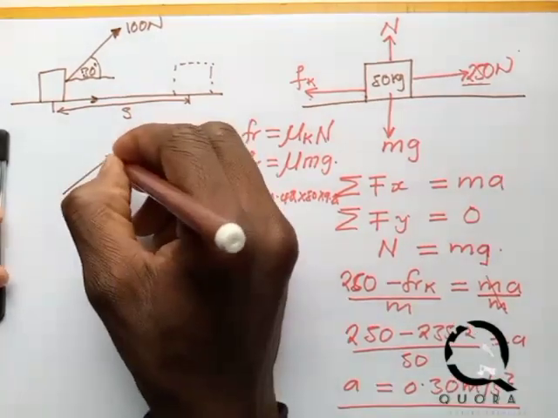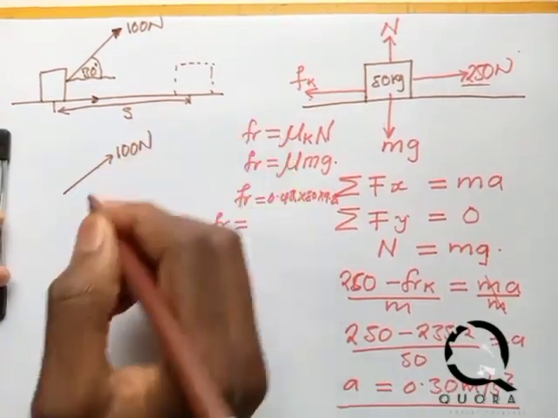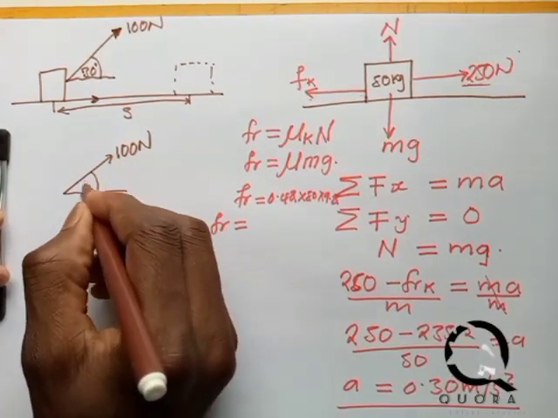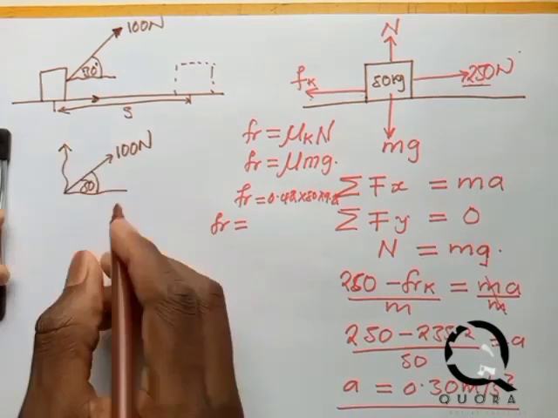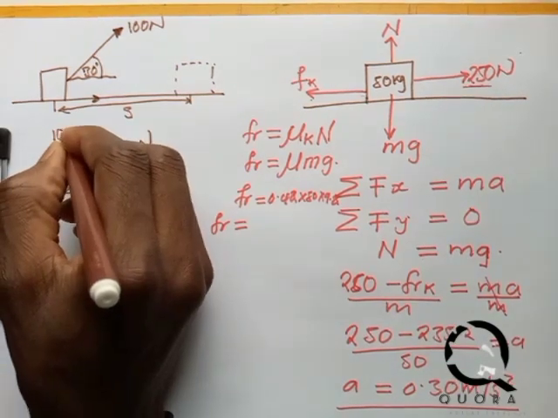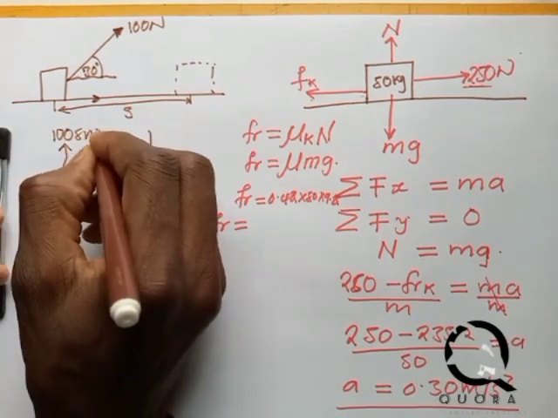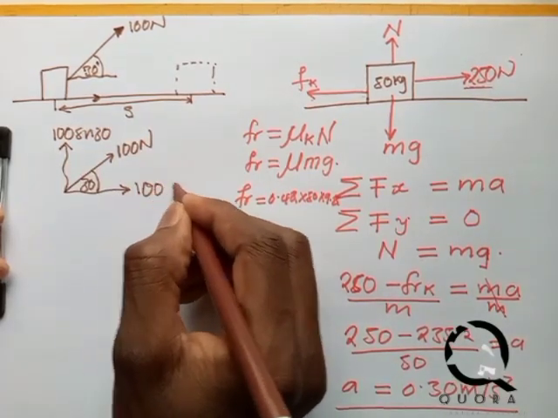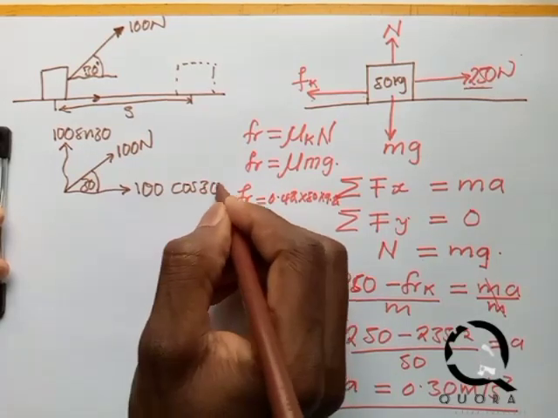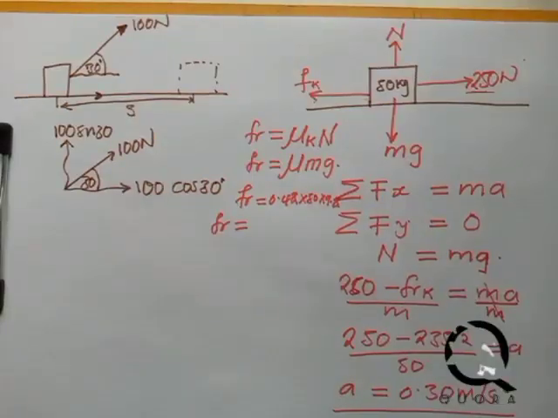So we have 100 newtons here at 30 degrees, which is resolved into two: 100 sin 30 for the y component, and 100 cos 30 for the x component in this given direction.